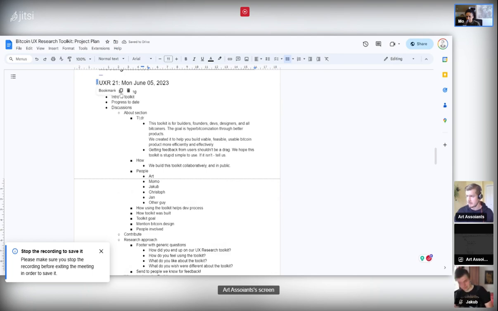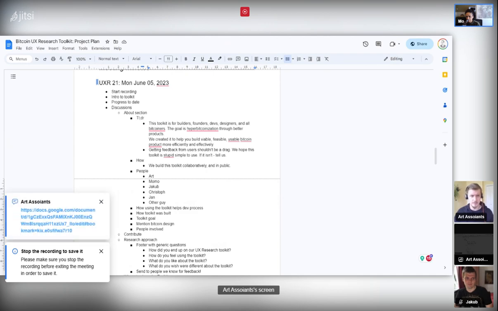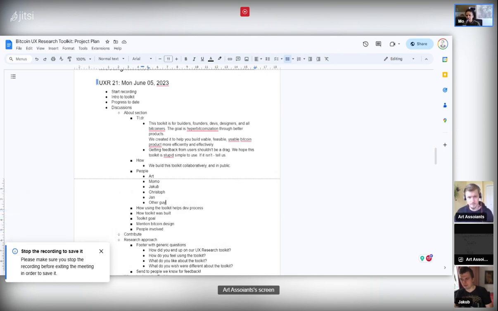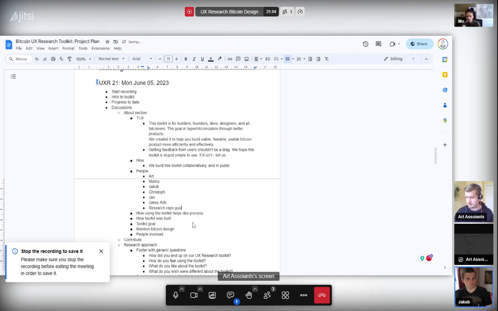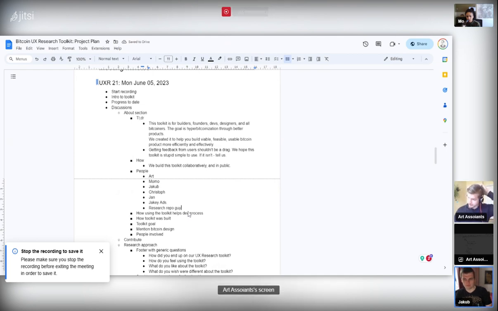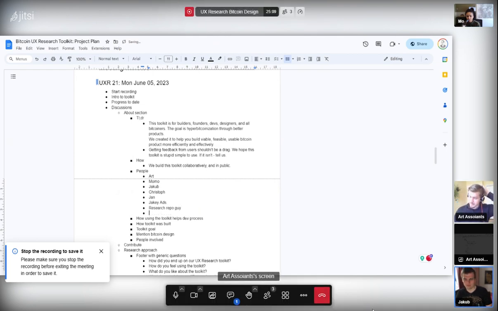Yeah. And then, didn't Letitia also help? What about the guy who created the research repository? Jakey adds his name, it's his Discord.